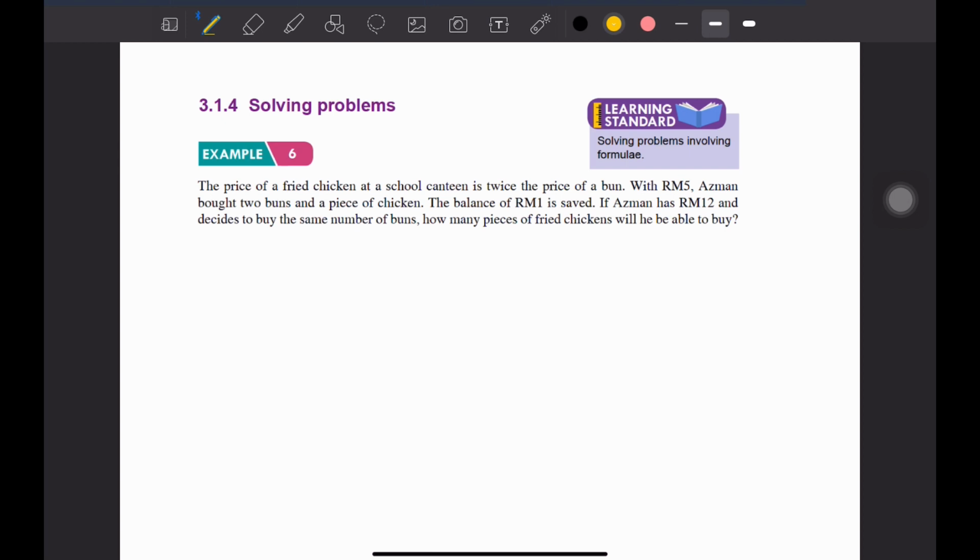Okay, so first, we need to let the price of the chicken and bun be unknown. For example, let the price of bun be equals to RM x.